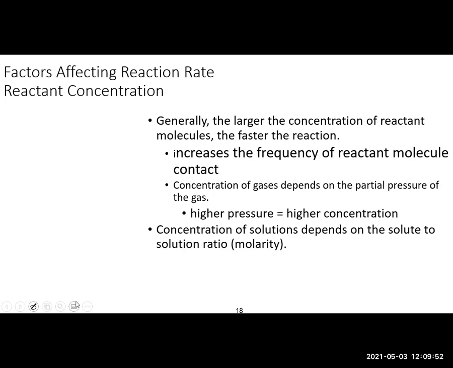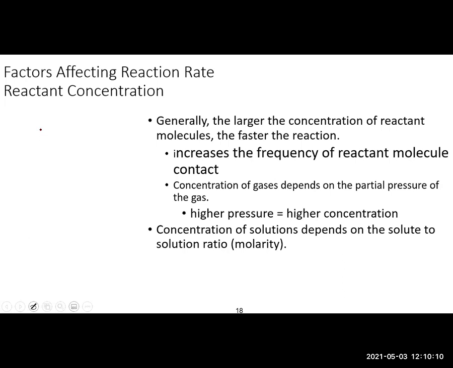So the higher the molarity, the more particles are floating around in the solution, ready to go, ready to react, which usually would increase the reaction rate. If you had a smaller concentration, you would have fewer particles floating around in that beaker.